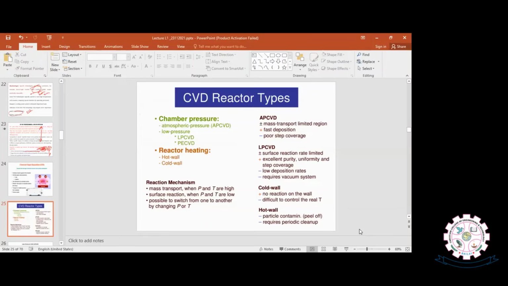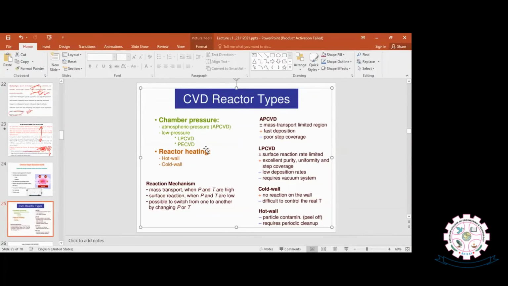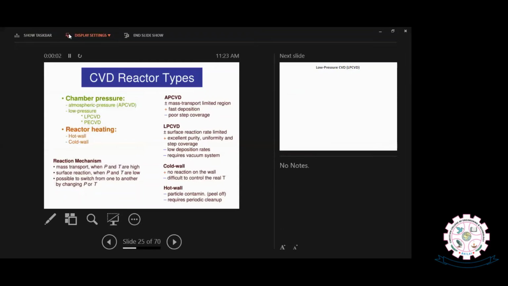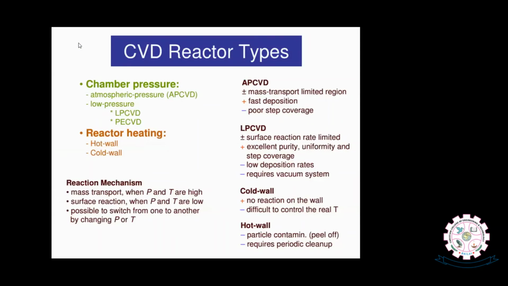If the chamber pressure is high, it is called atmospheric pressure CVD. These are all different general principles that we need to understand when we talk about CVD techniques. So here, there are reactor types.